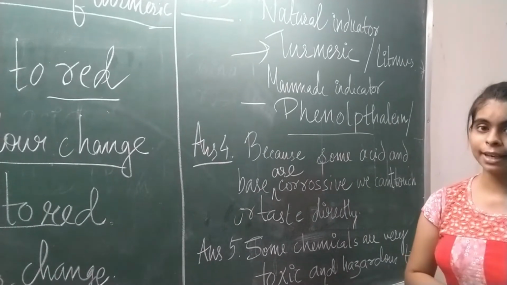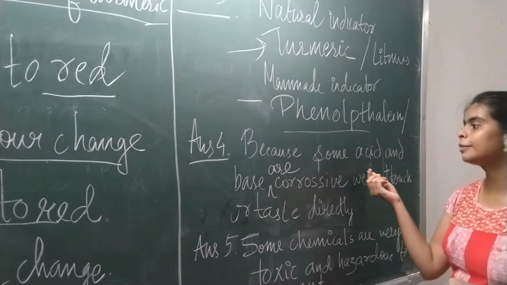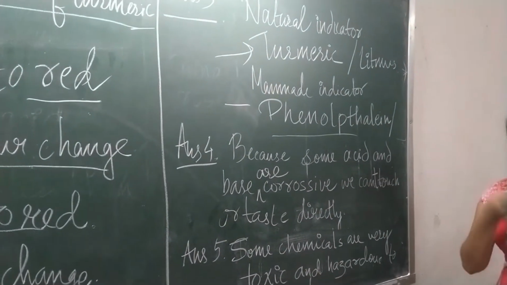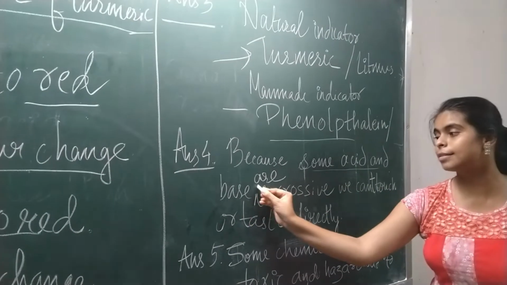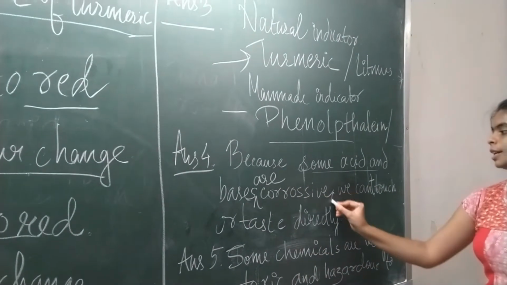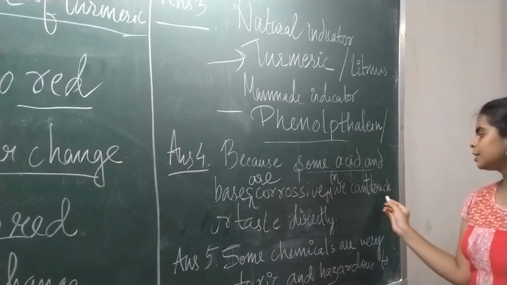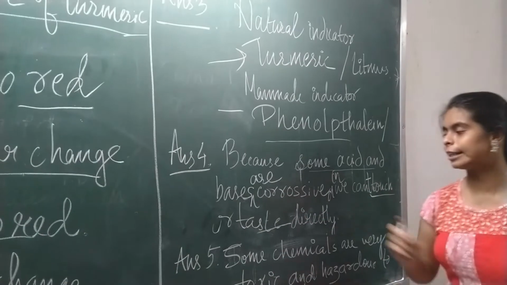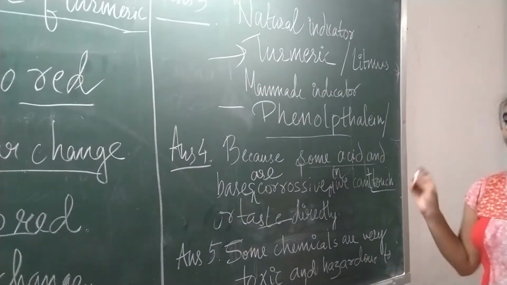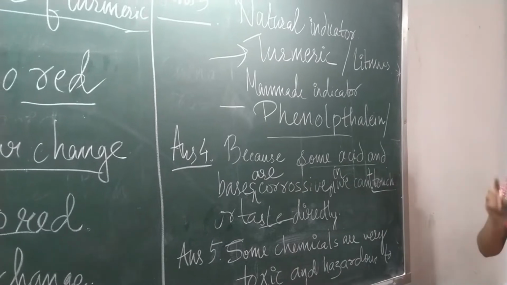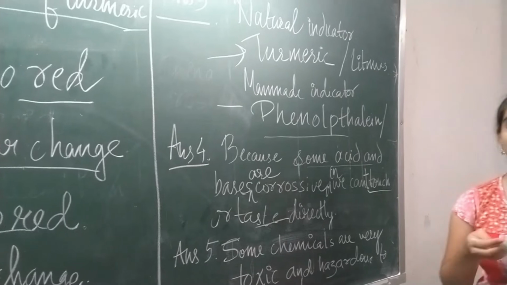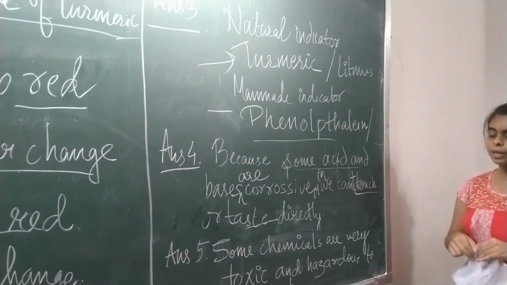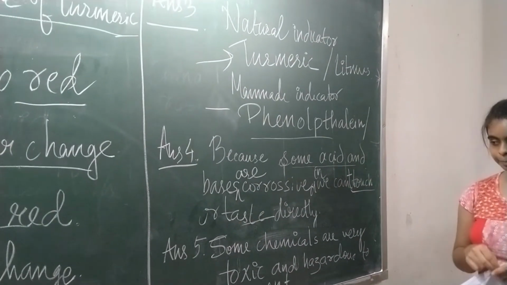To avoid that, we need indicators. Because some acids and some bases are corrosive in nature and we can't touch or taste them directly, we need an indicator to identify strong acids or bases.